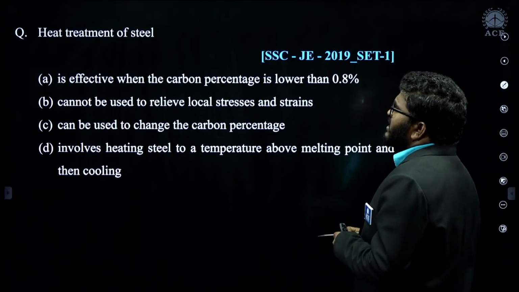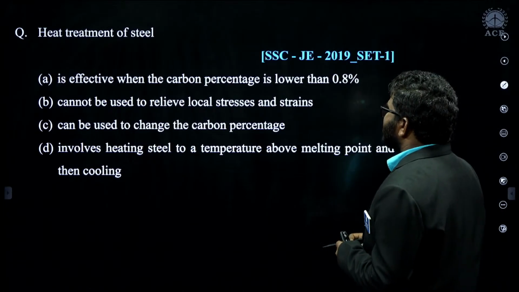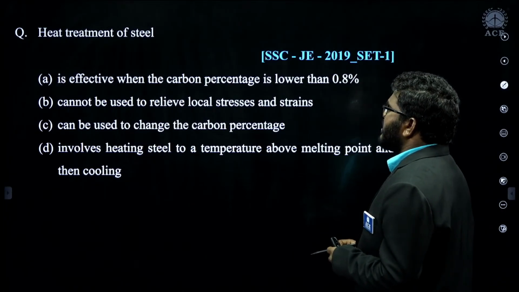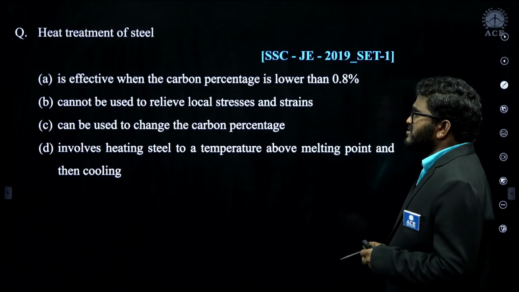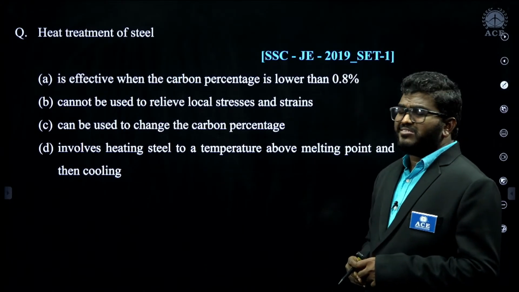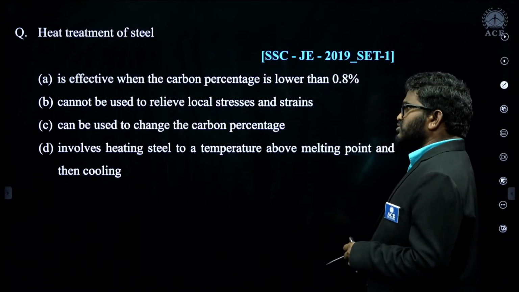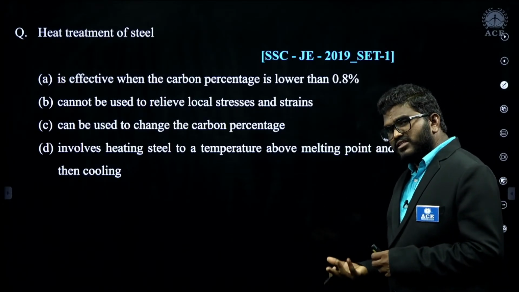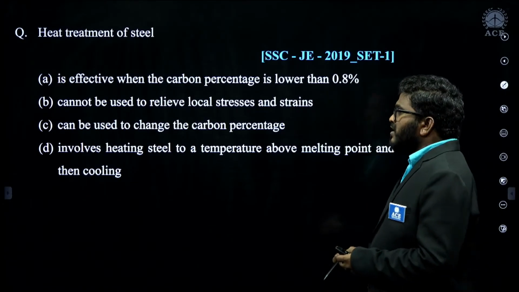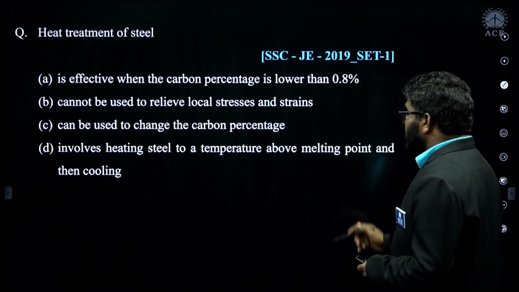Now, heat treatment of steel is effective when the carbon percentage is lower than 0.8. Can it be used to relieve the local stresses and strains? We can use it to relieve local stresses. Can it be used to change the carbon percentage? No, we can't change the carbon percentage, unless we add it externally. Does it involve heating steel above the melting point?